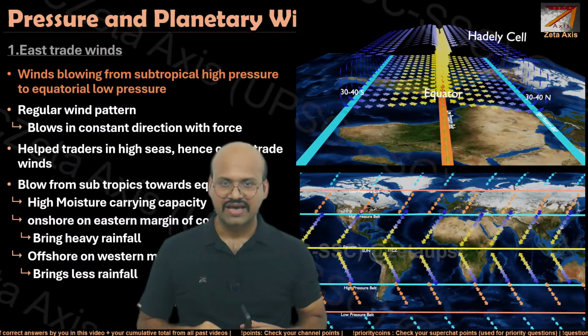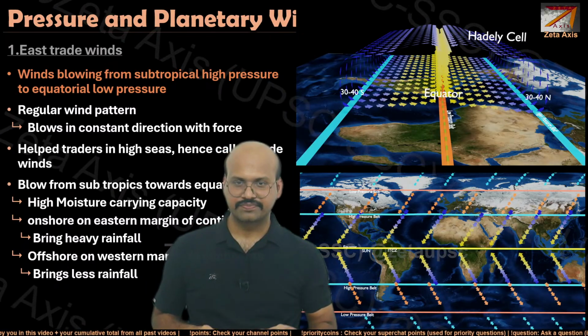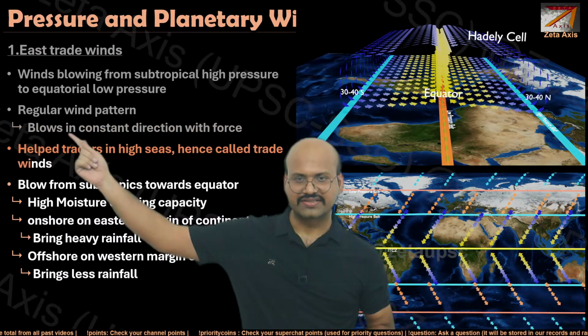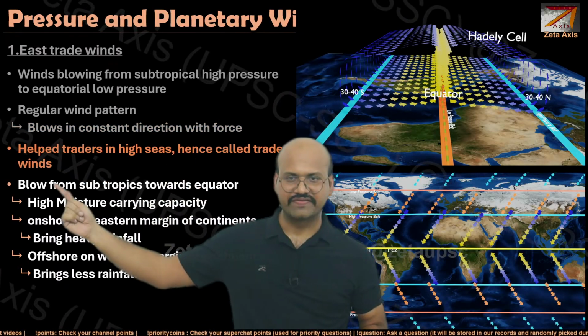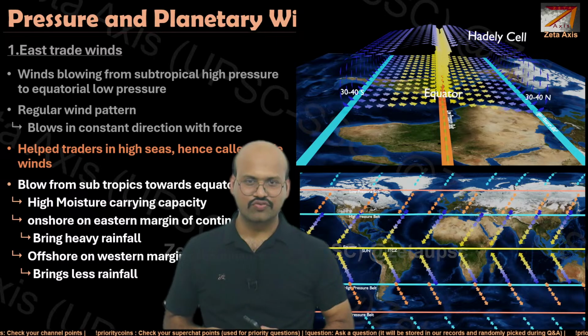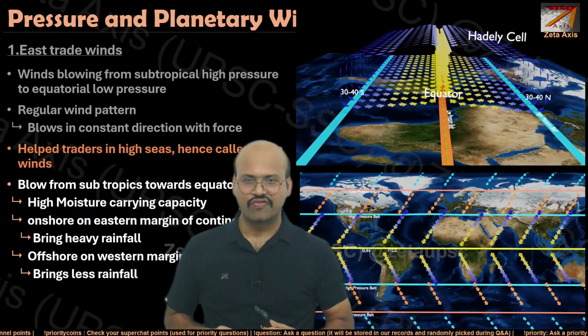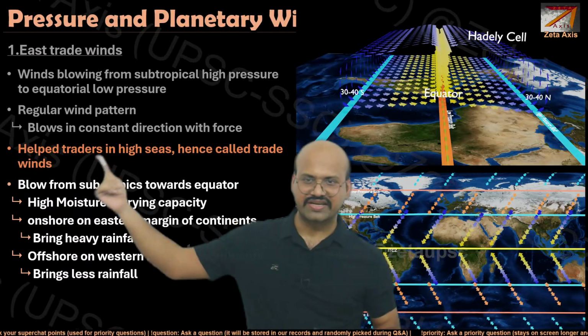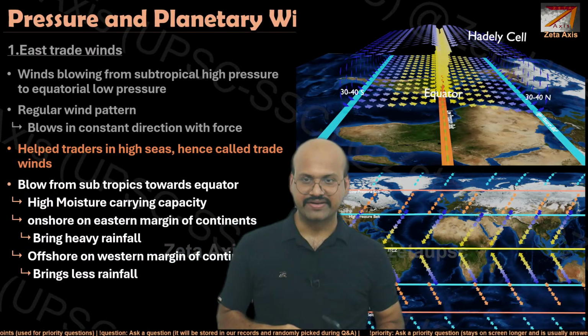That is why they are very important. These winds help traders on the high seas and hence they are called trade winds. In the earlier days, the traders would use their knowledge of these winds for going from one place to another, and that is why they got their name as trade winds, because it helped in trade.